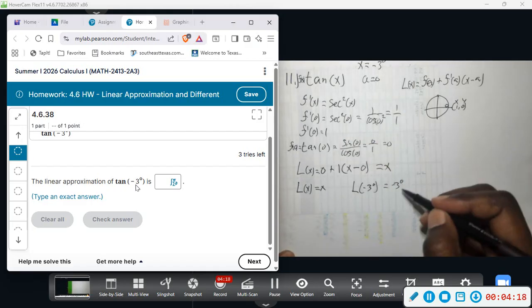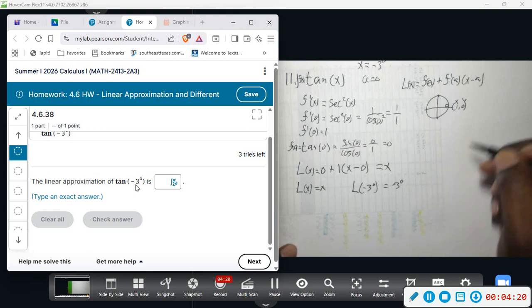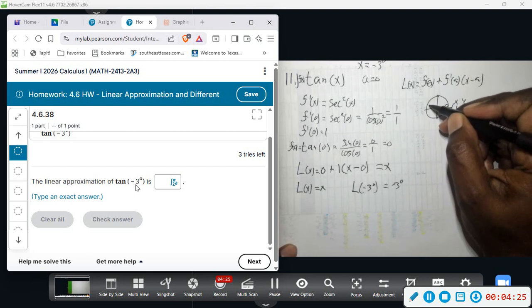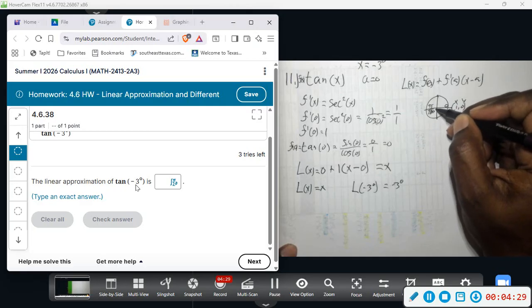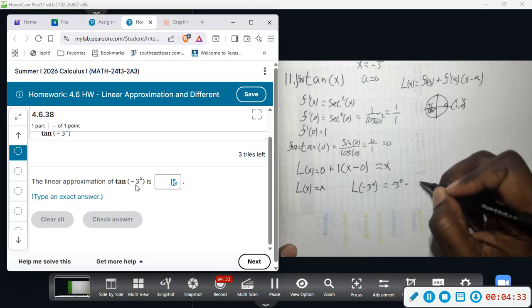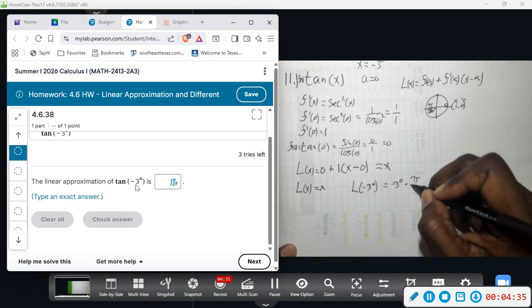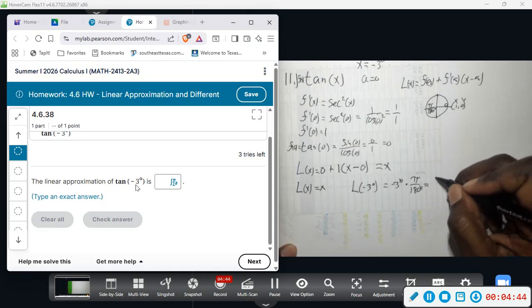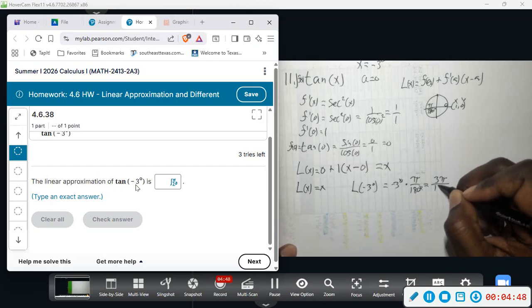So I want to find out what this is in radians. On the unit circle, the ratio is pi, and it's also 180 degrees. So we're going to use that ratio, times pi over 180. So we're going to divide out degrees and multiply. So this will be negative 3 pi over 180.